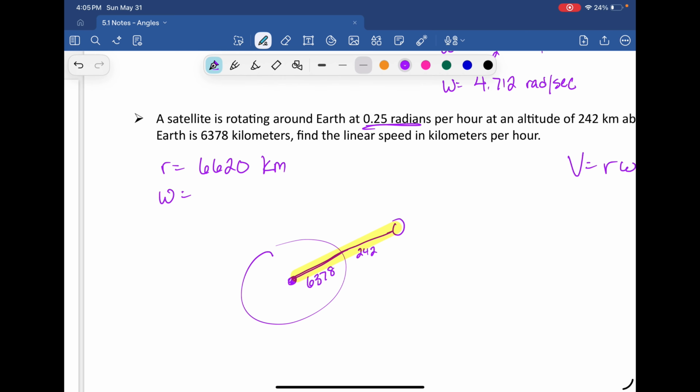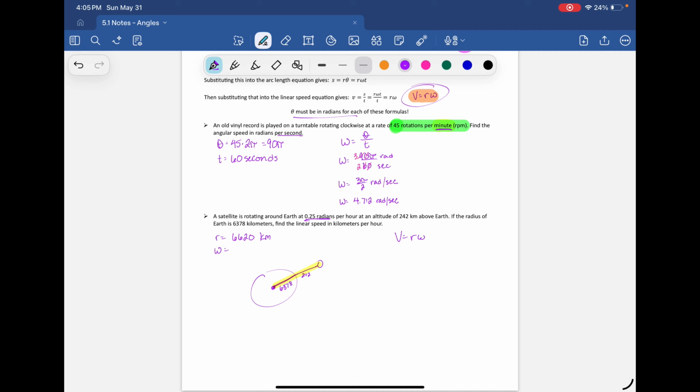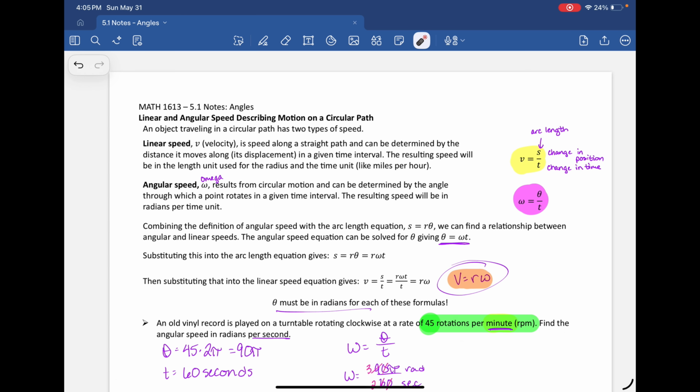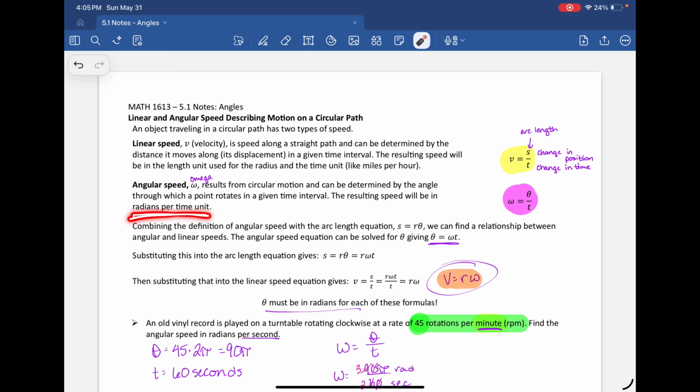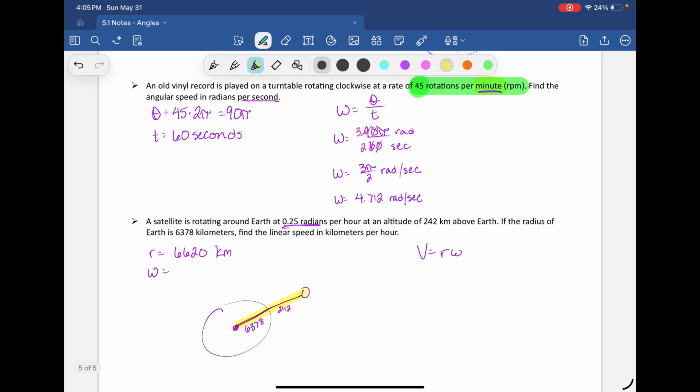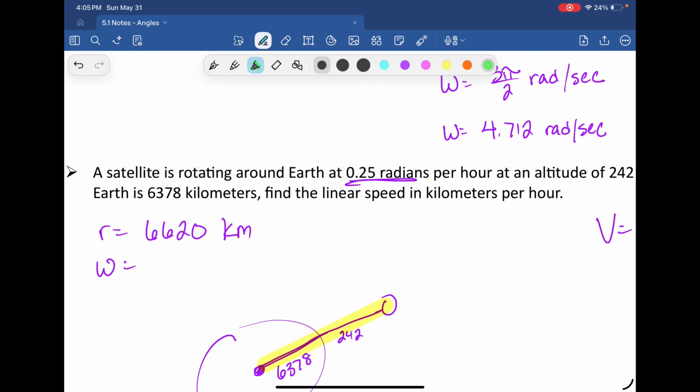Now I need omega. Omega is in radians per time unit. We have that: 0.25 radians per hour.